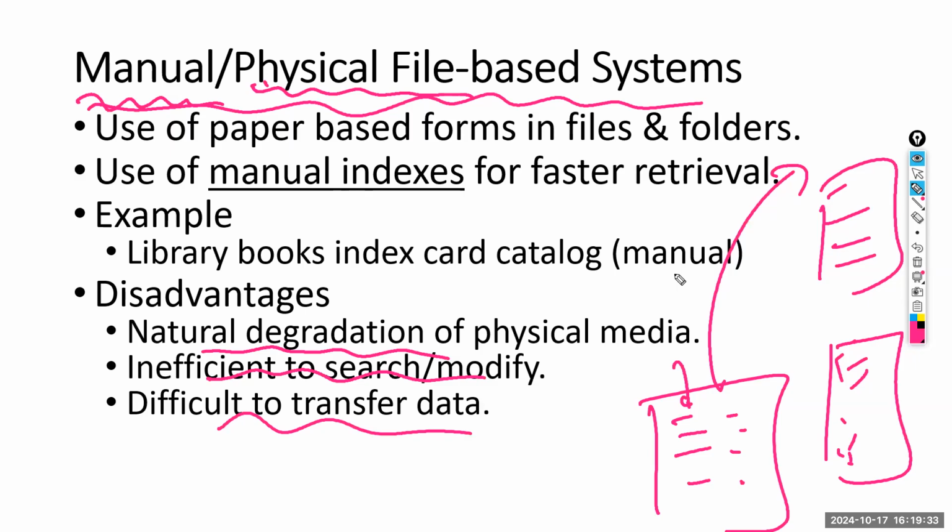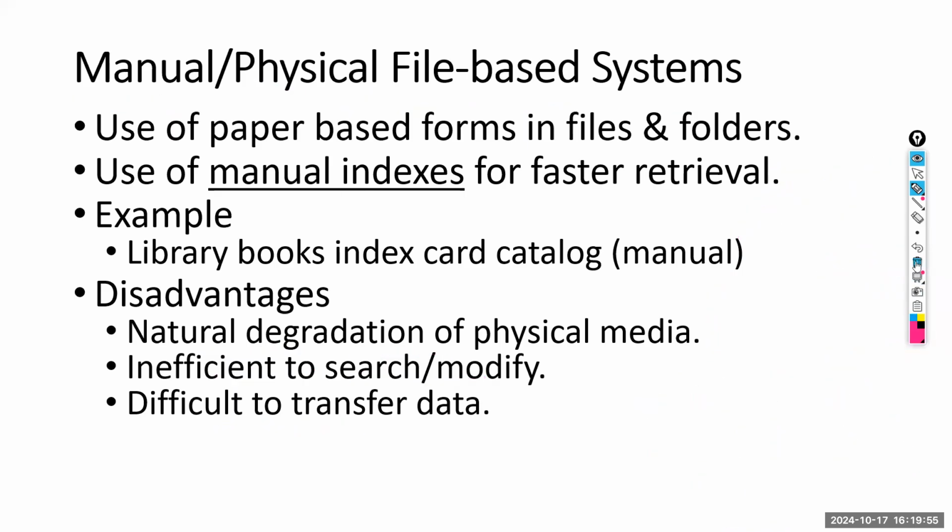And also you need physical space to keep those files and folders. And people can do a lot of illegal things, change those things. So many issues with physical or manual file-based systems. If a particular organization still uses it, basically they are very corrupt.